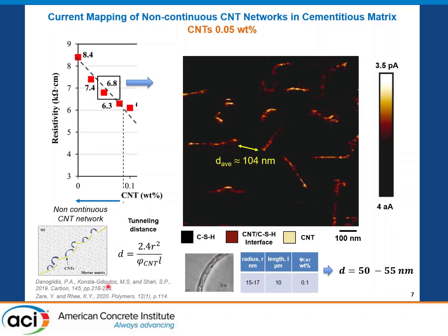The electron hopping is the electron mobility, the current passage through a non-continuous network. And this is governed by the tunneling distance. The tunneling distance is essential, so the current can uninterruptedly transfer through a material.